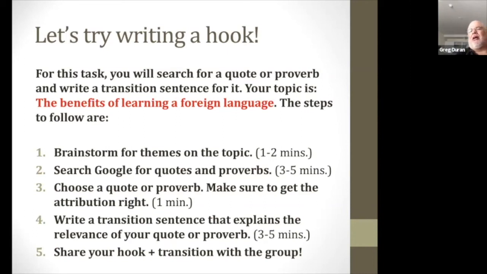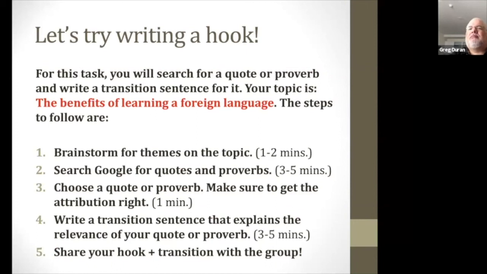Just think about a couple of different themes, and then for the second step, plug in those themes to Google with the words quote and proverb. So you can say quotes about language learning, quotes about globalism, maybe, quotes about intercultural relations, things like that. Quotes about French. If you happen to be interested in the French language, maybe there's something about a quote about French.